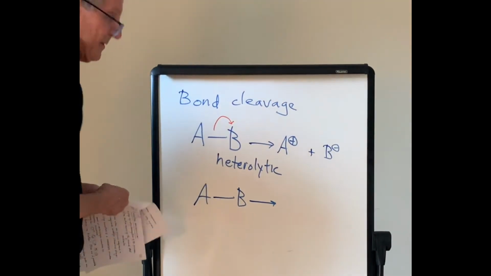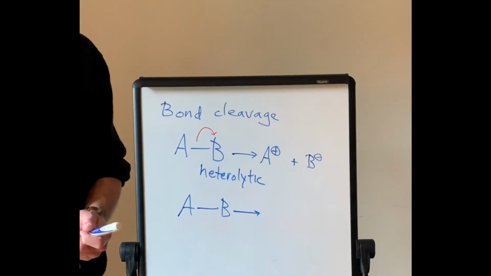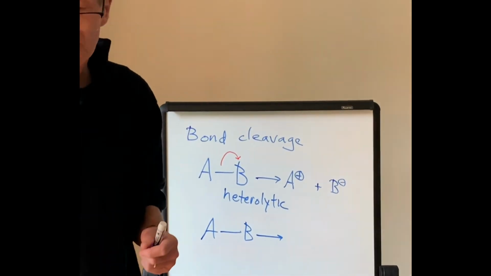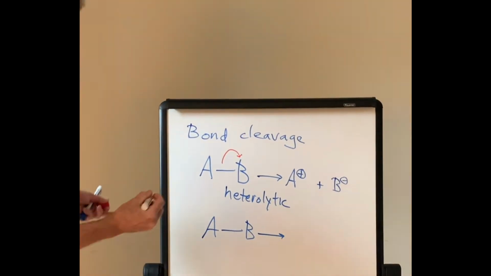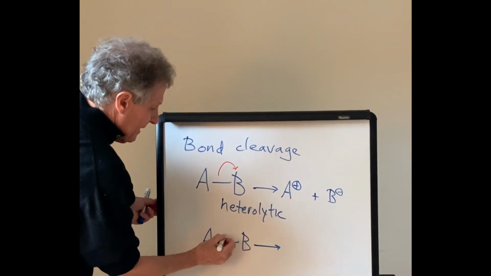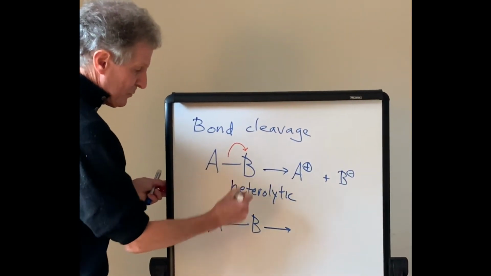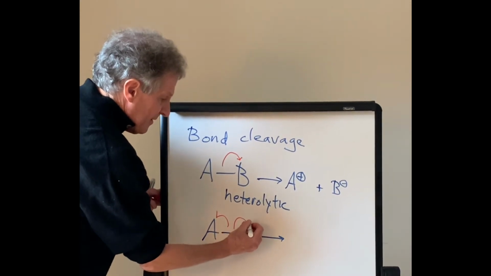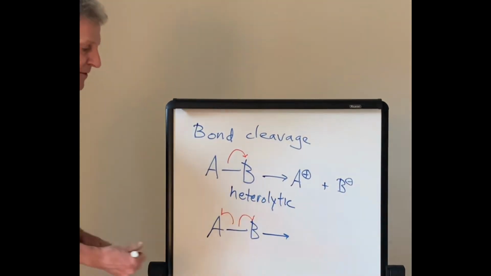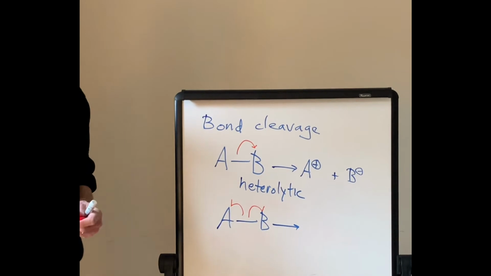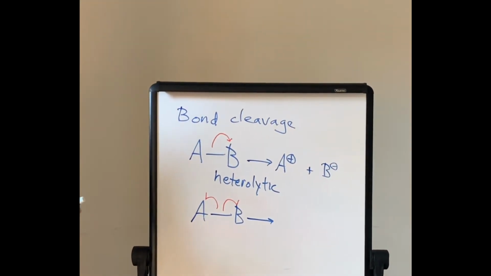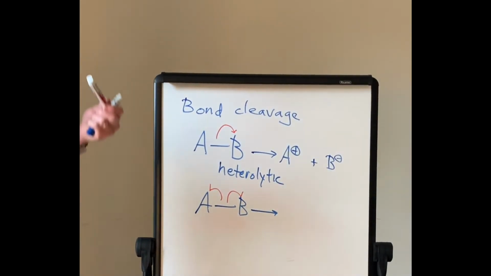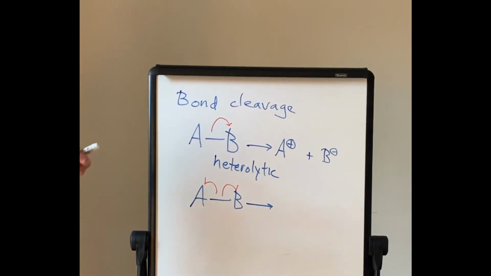Now consider the following. Now I'm going to introduce a new symbol. I'm going to draw a curved arrow which only has one barb on it. In this case, with a curved arrow with just one hook on it, the pair of electrons shared between A and B splits: one electron leaves with A and one electron leaves with B. The split of the bond is homolytic.